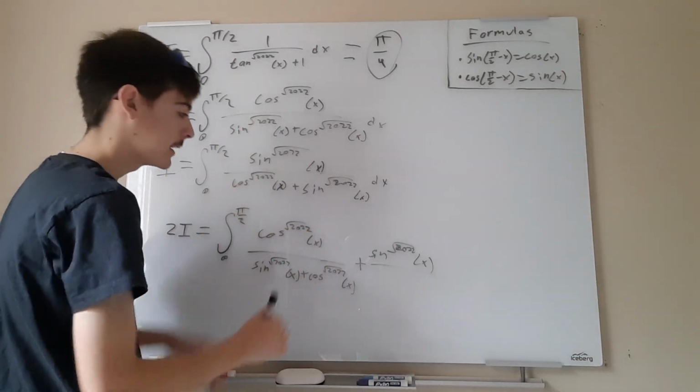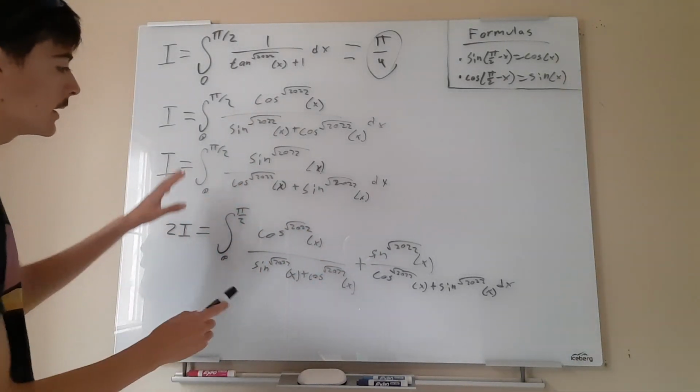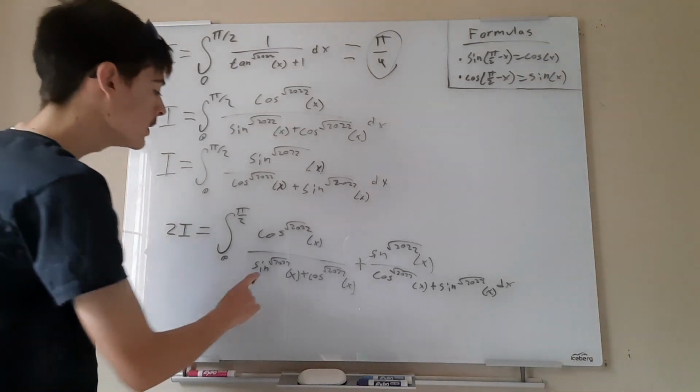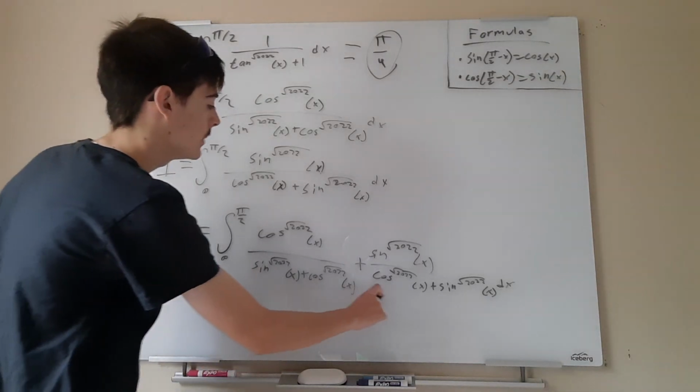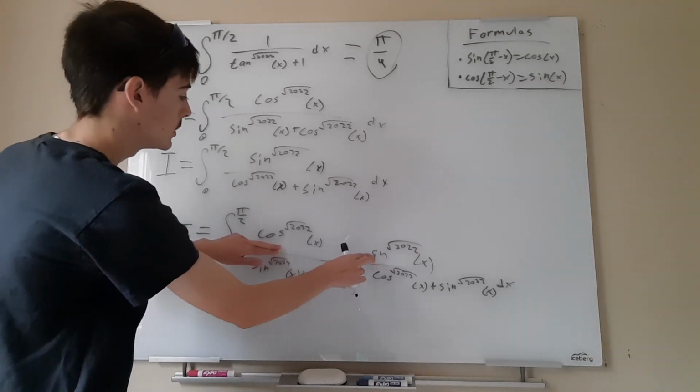It's starting to get a little messy here again, so I'm going to clean this up. And I'm also going to notice that these are both the same denominator, so we can write it all over the same denominator in adding these two terms.